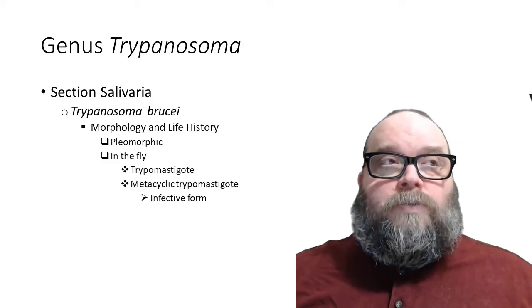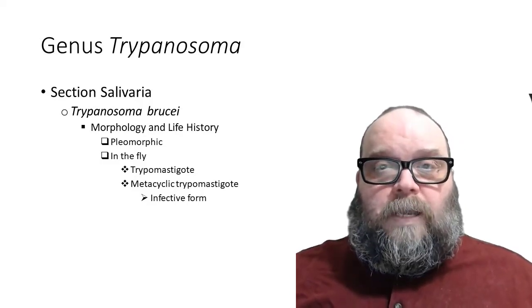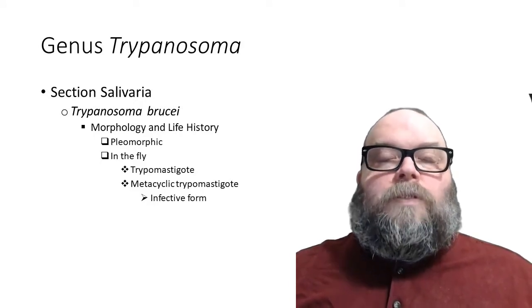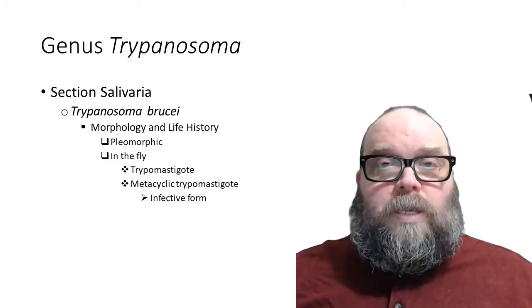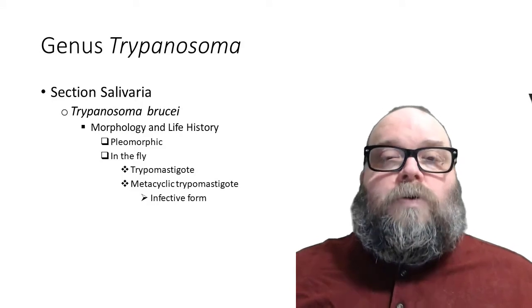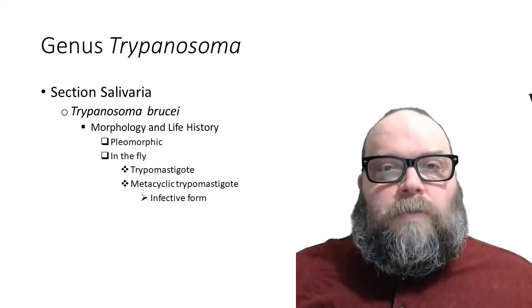The Trypomastigote that's normally associated with the gut of the tsetse fly, of the insect, is not infective in humans. It does not have the right morphology, does not have the right surface structures, the right protein structures to allow it to survive and escape our immune response.